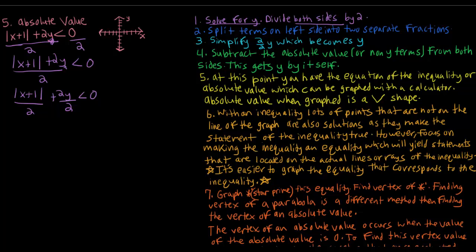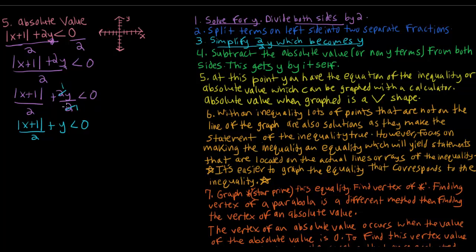Step 3, we can simplify 2y over 2, which just becomes y. So we have the absolute value of x plus 1 over 2, plus y, is less than 0.